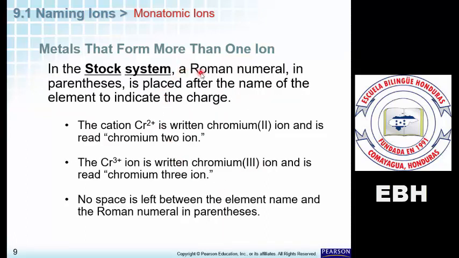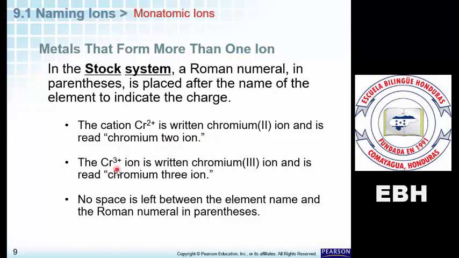In the Stock system, you use Roman numerals in parentheses placed after the name of the element to indicate the charge. In this case you have chromium with a 2 positive charge, written chromium(II) ion and read chromium two ion.